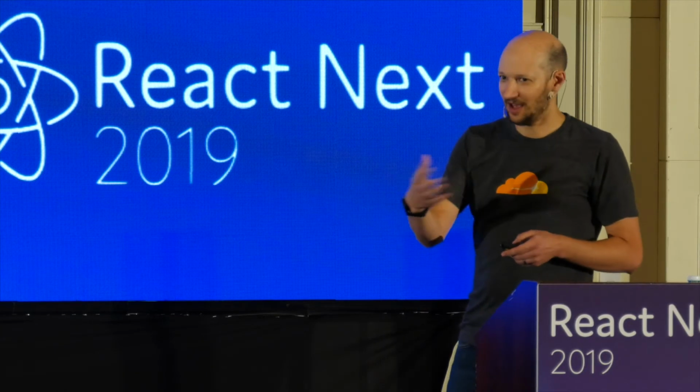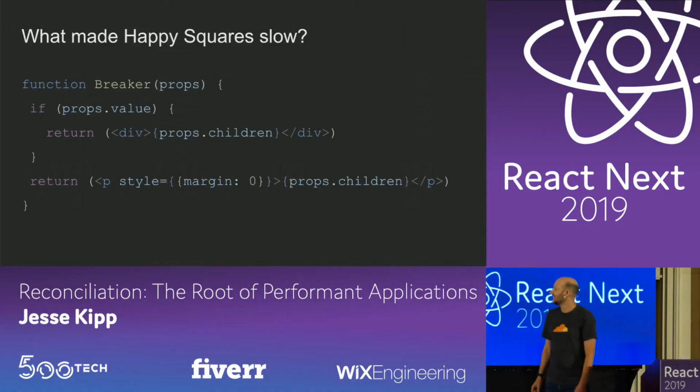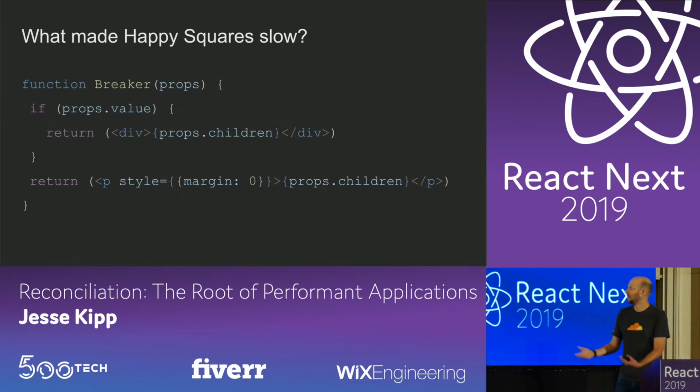So I mentioned there was one de-optimization I did to really ruin the whole application. And that was I wrapped everything in this breaker component. What it does is it takes a value in, and depending on whether that value is truthy, it puts the children inside a div.